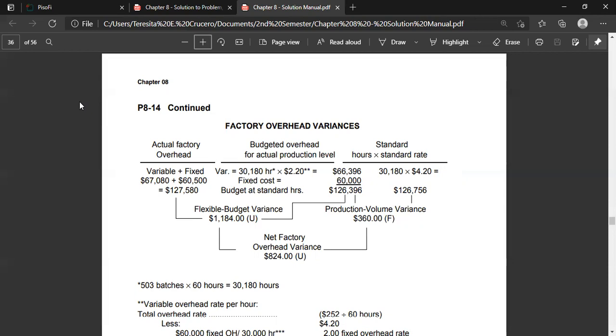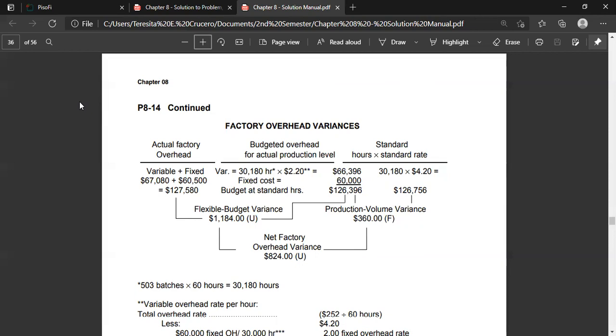So if you divide the amount of 127,850 and we deduct whatever deductions are allowed, the budget shows a flexible budget variance of 1,184. Still, it is unfavorable. It is taken by deducting from 127,580, you deduct 126,896.